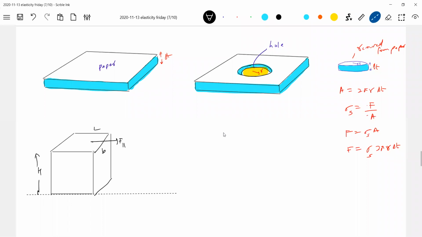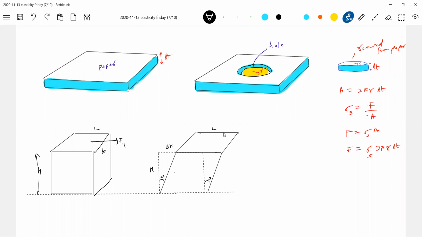Then this whole body will undergo deformation. This is theta, this is theta. I'll give the rough diagram, this much only. There is a delta x. This is h as usual. This will be L. This is B.